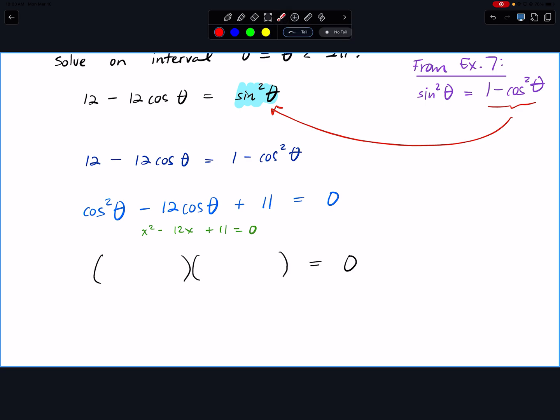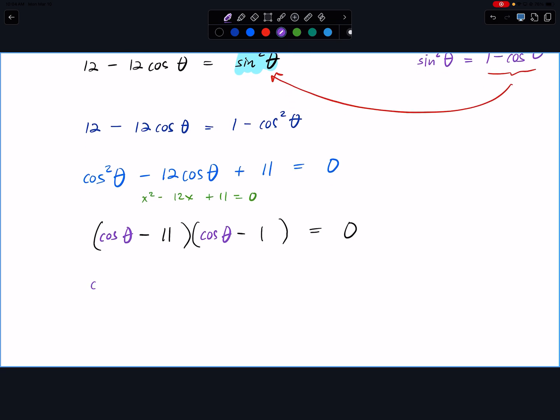So what two numbers multiply to give me 11, but when I add them, I get negative 12? Negative 11, negative 1. But it's not x, what goes here and here? Cosine. So I'm going to have cosine of theta minus 11, and then cosine of theta minus 1.